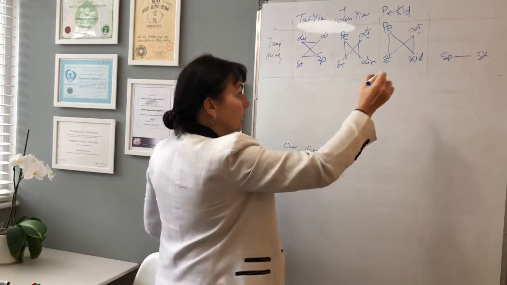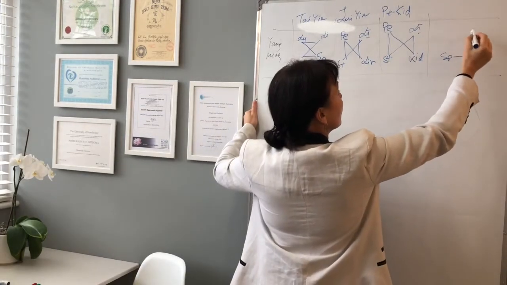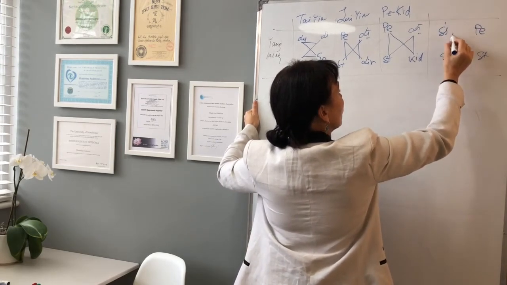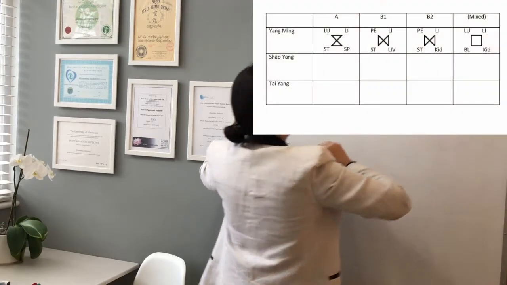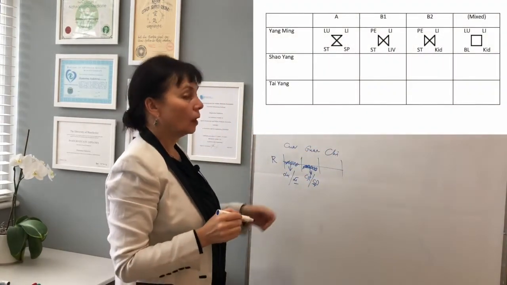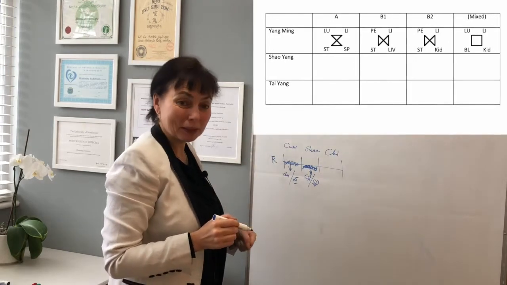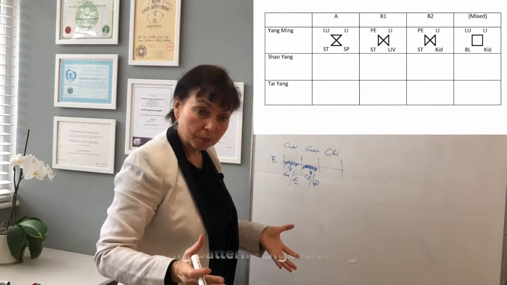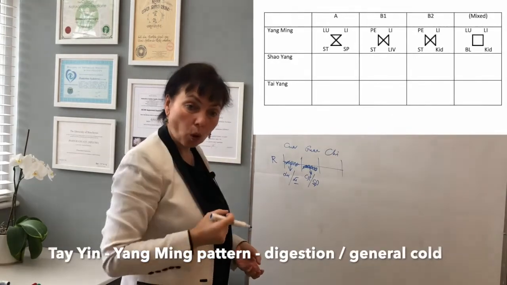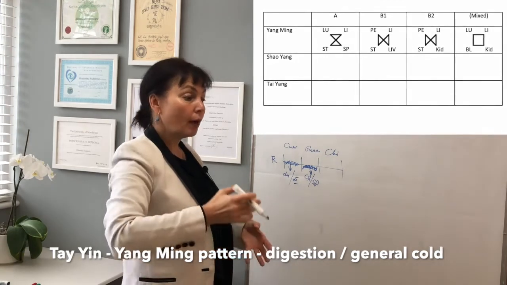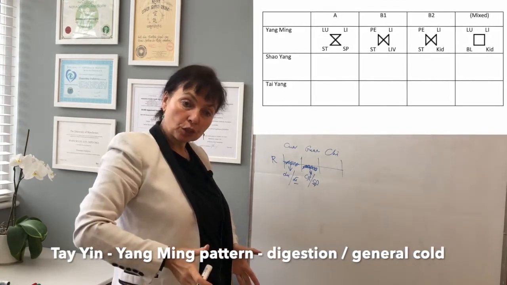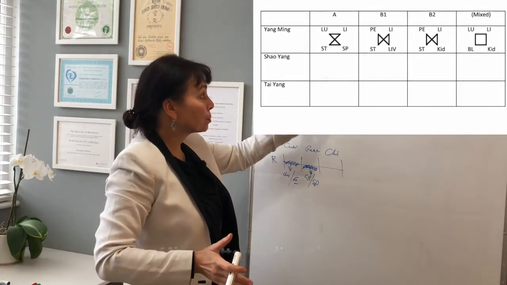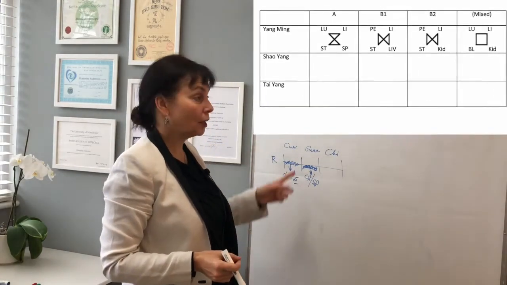Or it can be pericardium Sanjiao, when we use the Tai Yin Yang Ming pattern for general cold, for sinuses blocked, for any issues between 2 branches of spleen meridian, and we call it the primary pattern of Yang Ming.